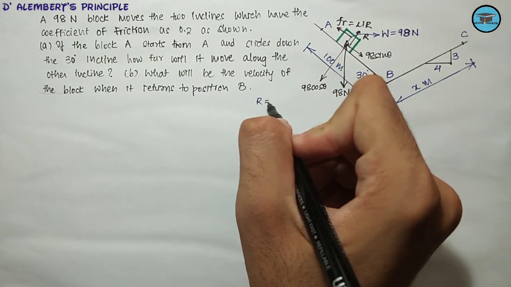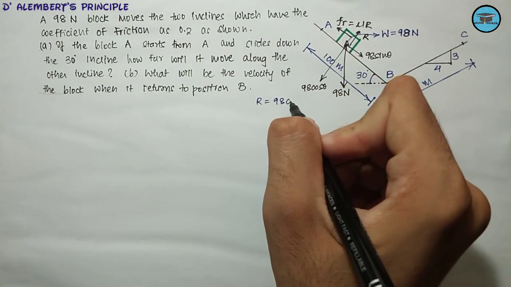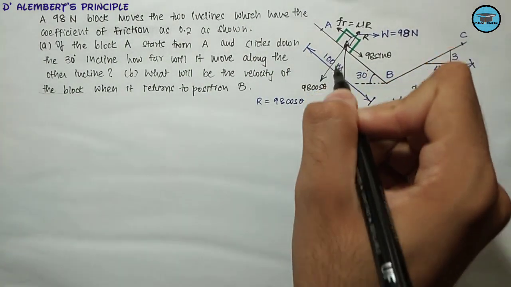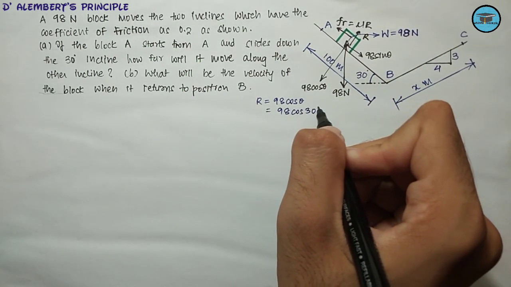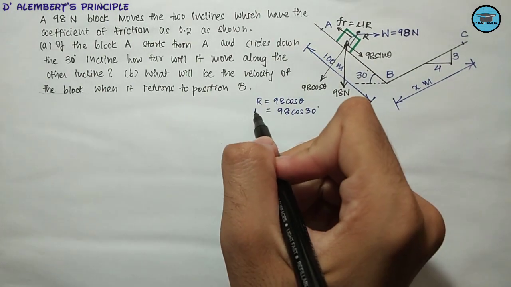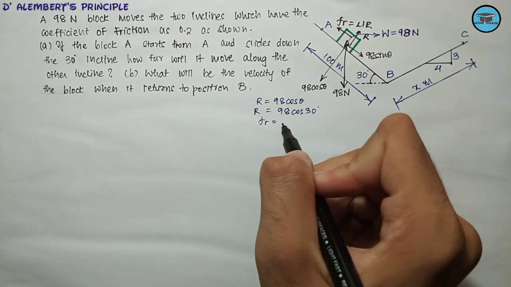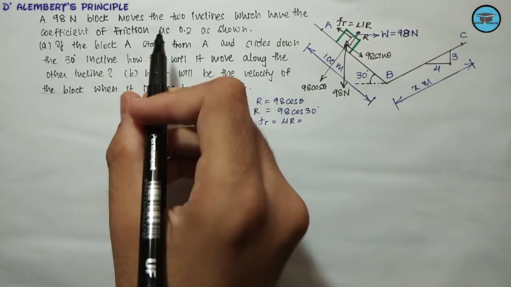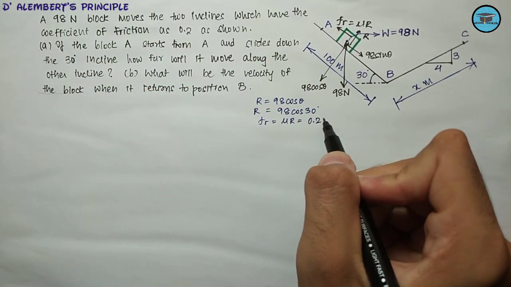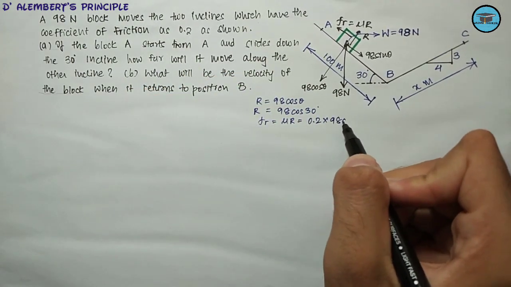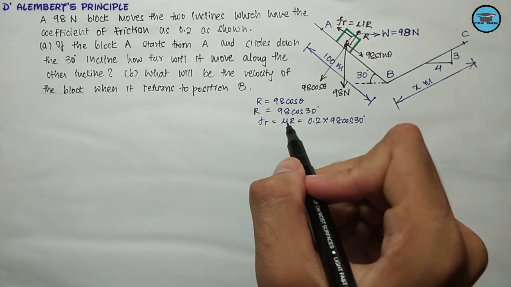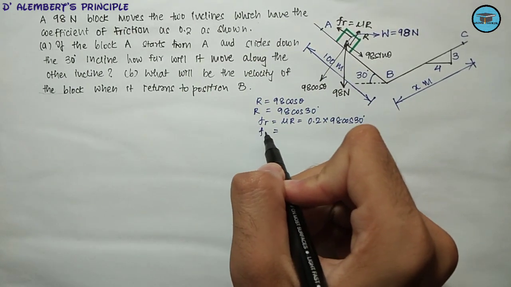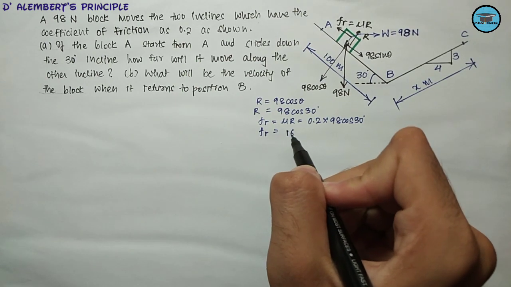R is nothing but 98 into cos theta, and theta is 30 degrees, so it is equal to 98 into cos 30 degrees. So the frictional force is mu into R, that is 0.2 into 98 into cos 30. The value of frictional force comes out to be 16.97 Newton.